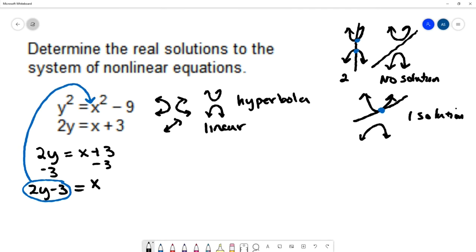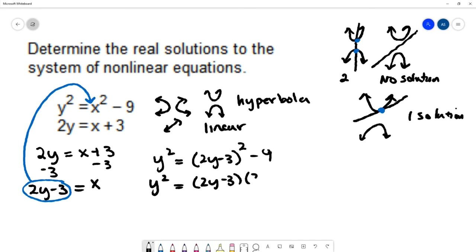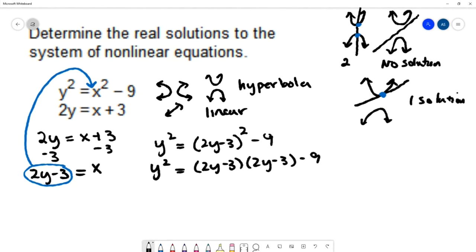That's going to give y squared equals 2y minus 3 squared minus 9. So y squared equals, let's multiply, 2y minus 3 times 2y minus 3 minus 9. That's y squared equals 4y squared minus 6y plus 9 minus 9.